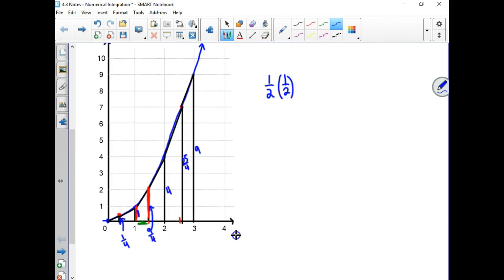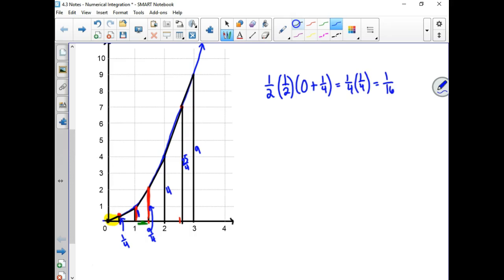So we've got 1/2 times 1/2 times base 1 plus base 2. So for this first trapezoid that we have here, it's a little bit odd because it's actually not a trapezoid, it's a triangle. So it would be 0 plus 1/4. So that's going to give us 1/4 times 1/4 to give us 1/16.